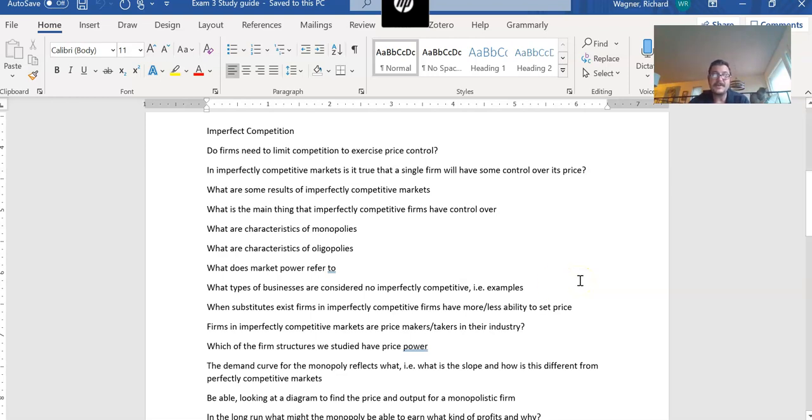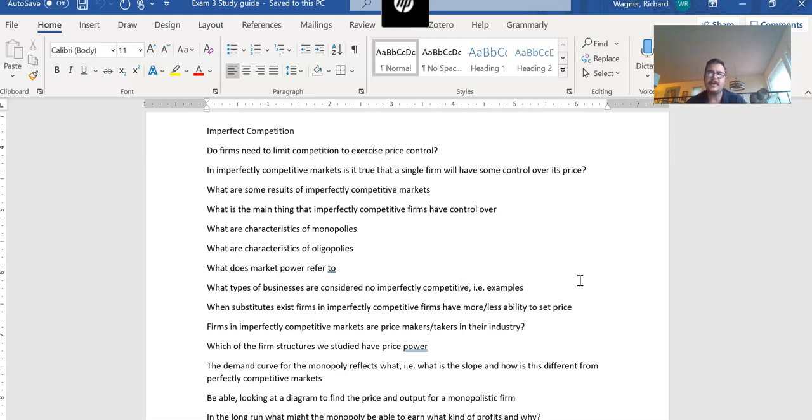Okay, what type of businesses are considered, let's see, not imperfectly competitive? Okay, so remember, if we had perfect competition, it was like farmers and people that sell very, very similar products, very, very identical products. In imperfect competition, we'll see that products are less than identical. And we would see this in, let's say, clothing stores or things like that, where they have to use brand and goodwill and marketing to try to convince you.